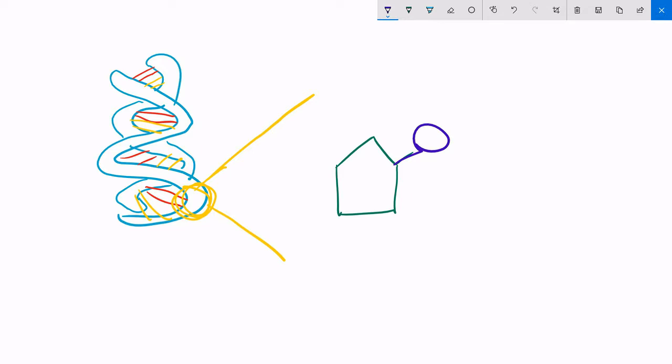So that's the backbone on this side, and then on the other side I would draw it like this, right? And then we have our nitrogenous base. So earlier I talked about the nitrogenous base, but I didn't really mention what it was, which is kind of stupid, so I'll go back and do that now.